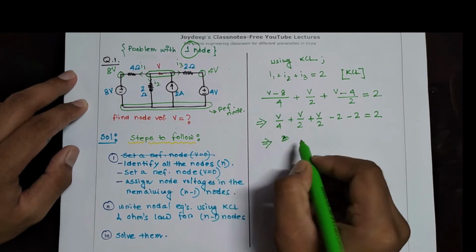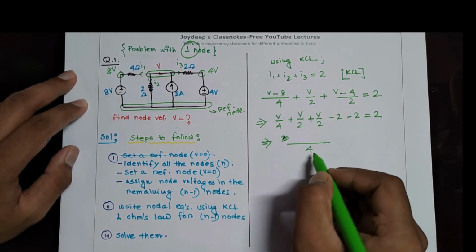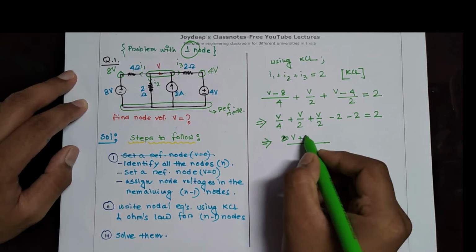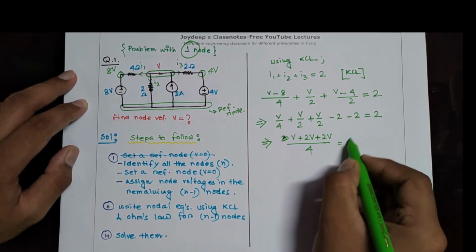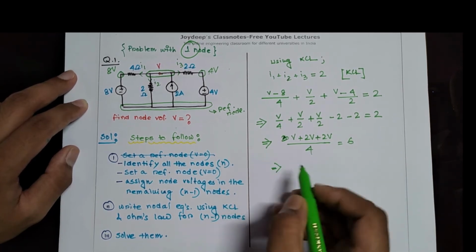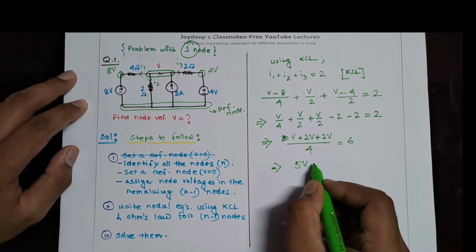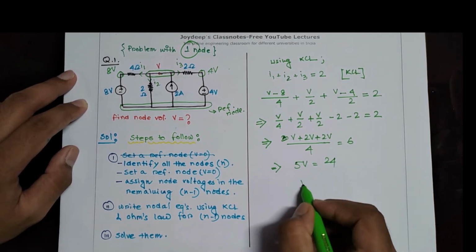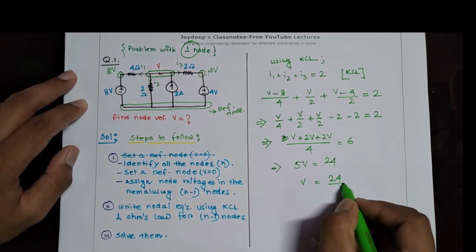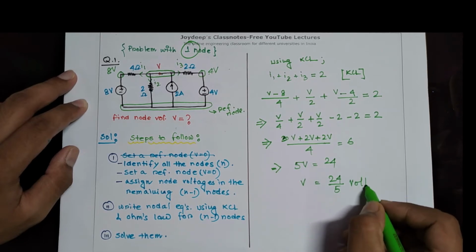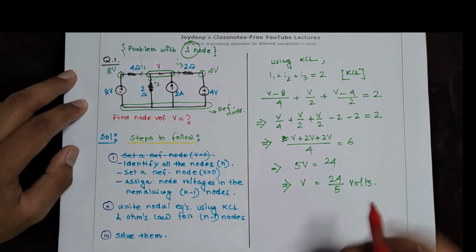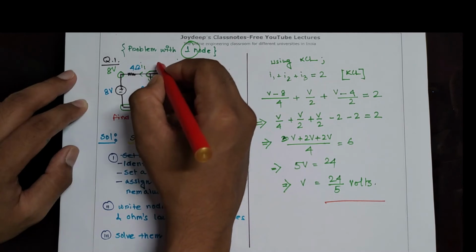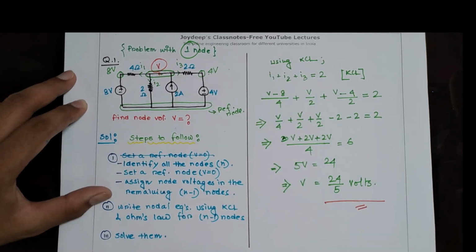So V plus 2V plus 2V, and so on. That is your answer. This 24 by 5 volts is your answer. So that means this node voltage is 24 by 5 volts.